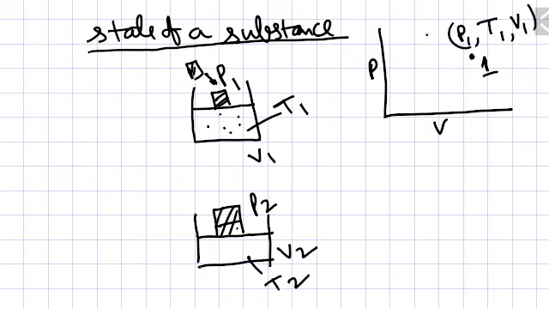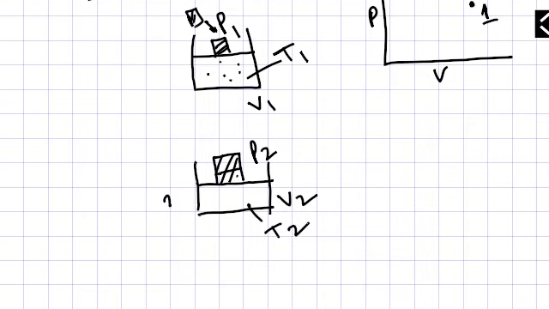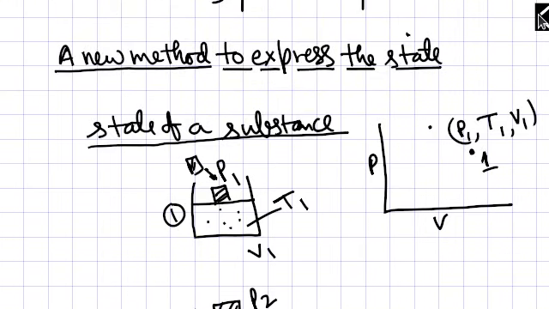It will come here, because the volume has reduced and the pressure has increased. So this is your state 1, and this is state 2. You will write here P2, T2 and V2. So what I mean to say is that state means the 3 parameters that you use to represent the state. Now here comes a new method to express the state.